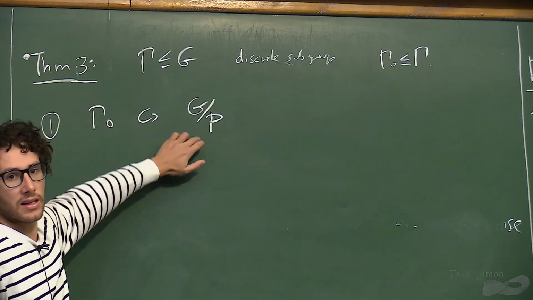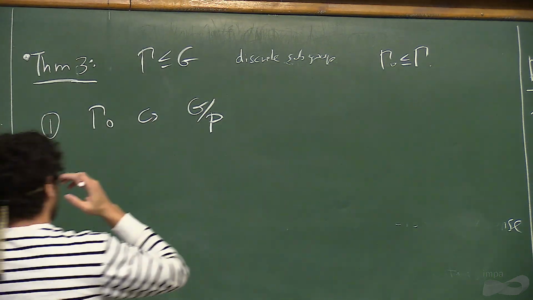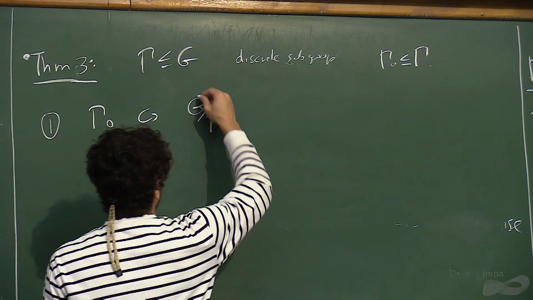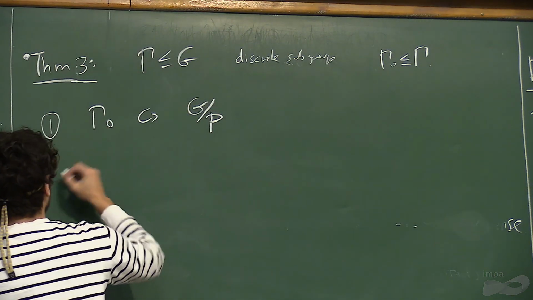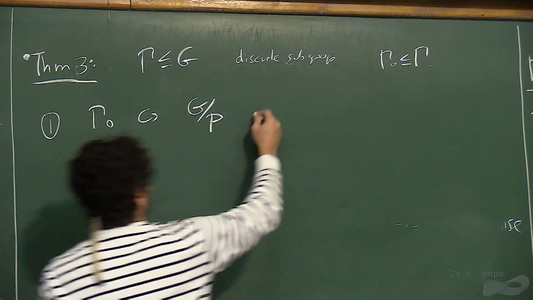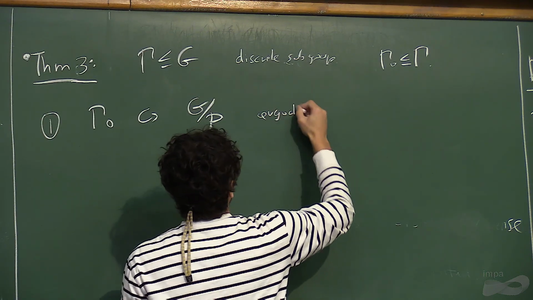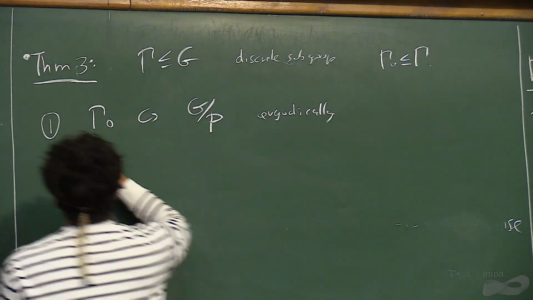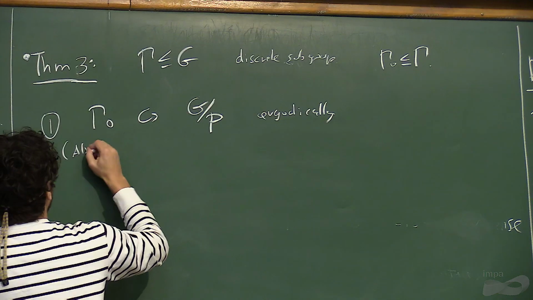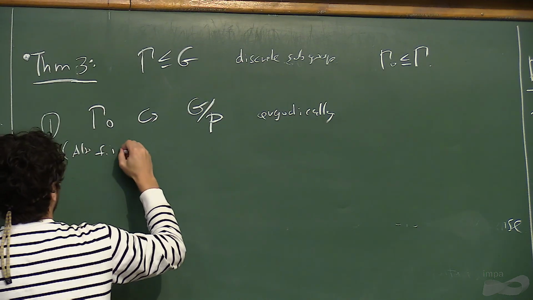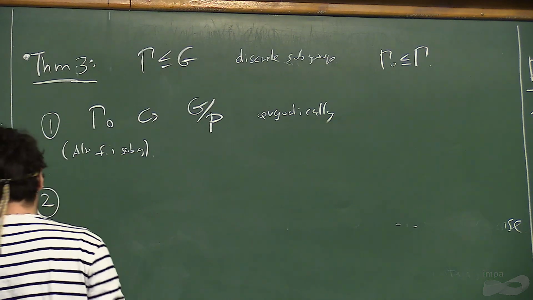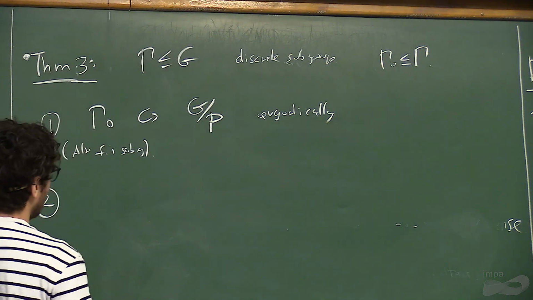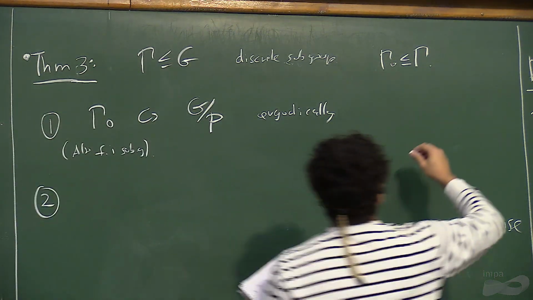This is the Furstenberg boundary, G mod P for SL_n(R), where P is the upper triangular matrices. It acts ergodically, and also finite index subgroups act ergodically.